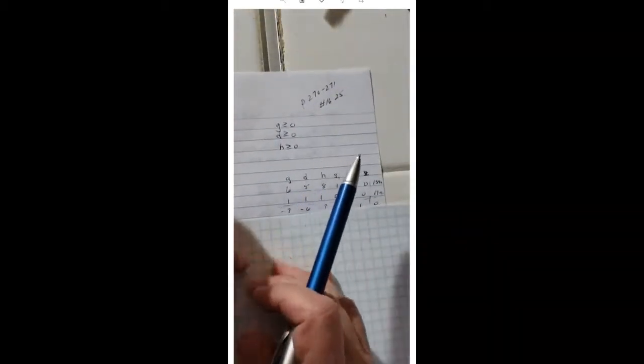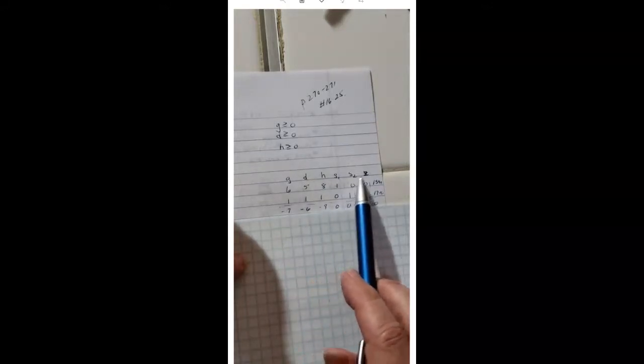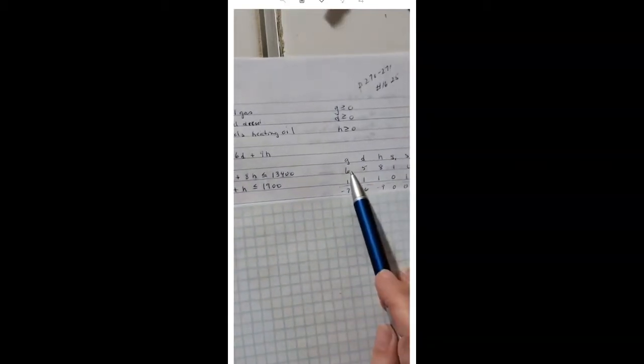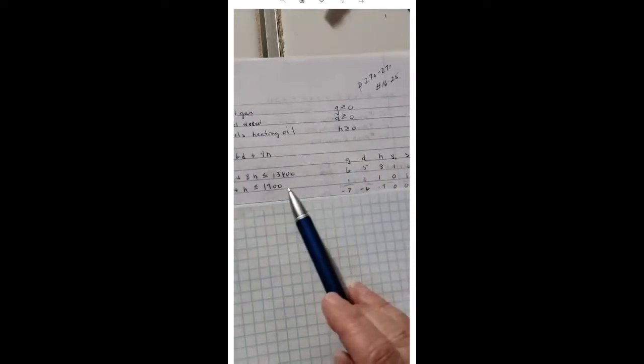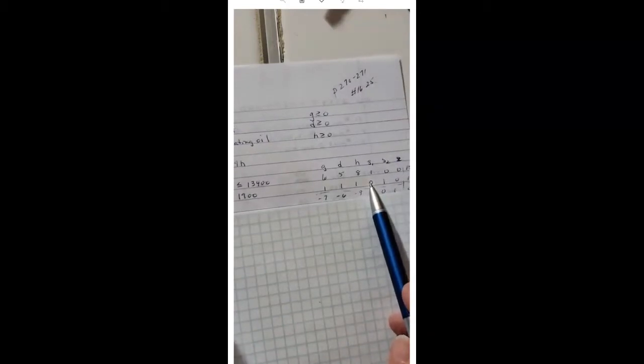So I'm going to put my G, my D, my H, my S1, my S2, and my Z. So this one becomes 6, 5, 8. It's got an S1 in it, no S2s and no Z's, and that's 13,400. This one becomes 1, 1, 1, 0 for slack 1, 1 for slack 2, no Z's, and that's 1900.